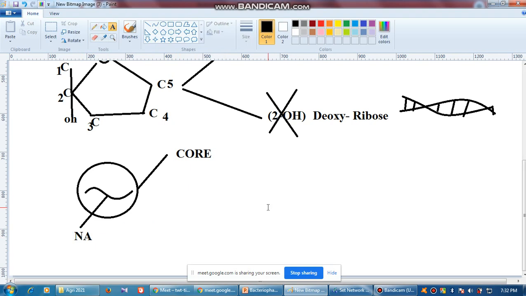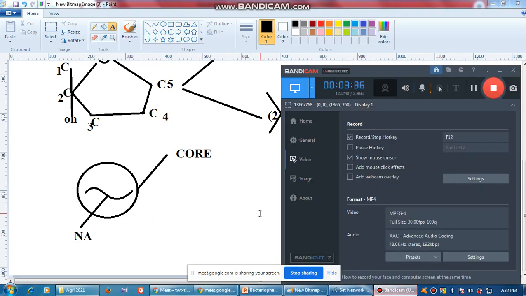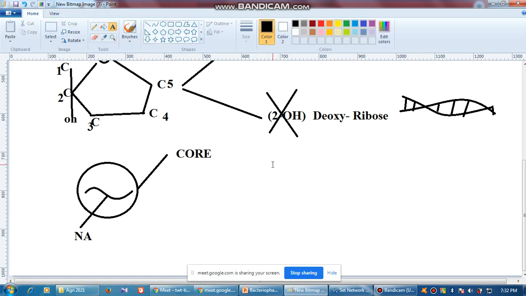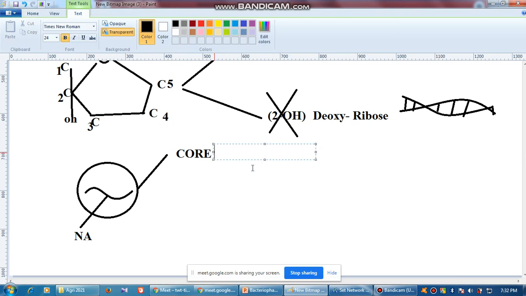Okay, so this is the fundamental pattern of all viruses. This core has different names depending on the type of virus. For example, many times we call it a capsid when it is made up of small monomers or capsomeres.